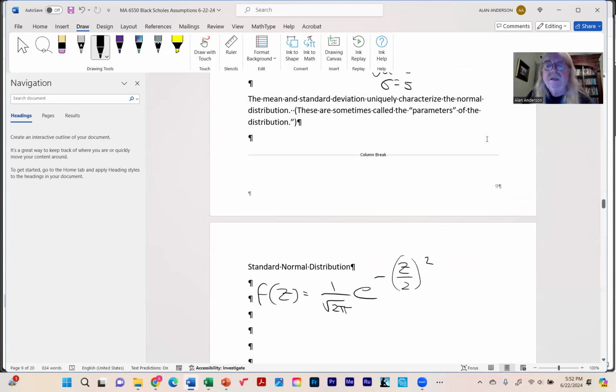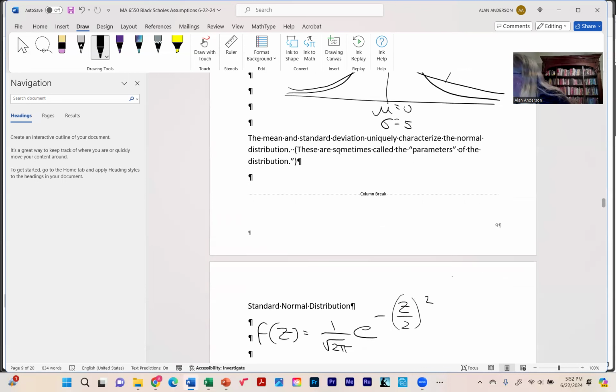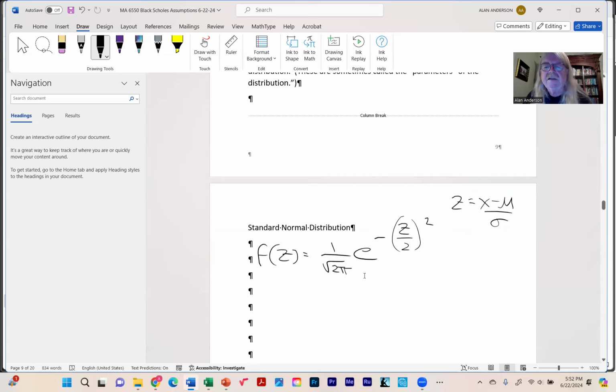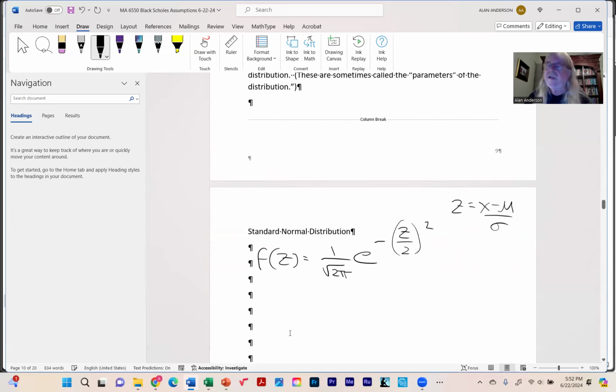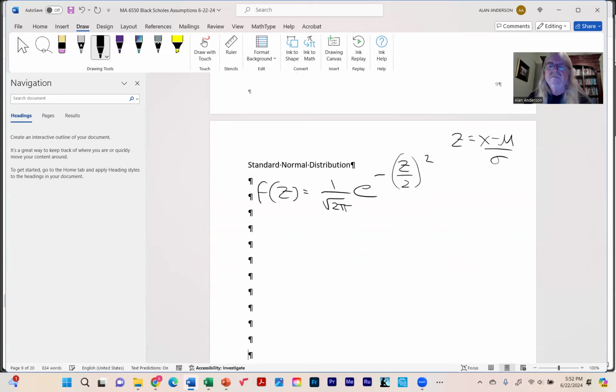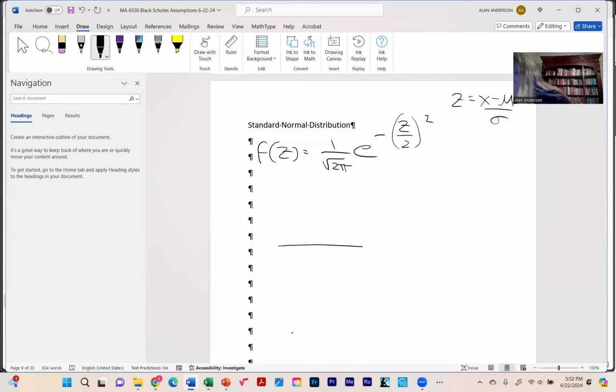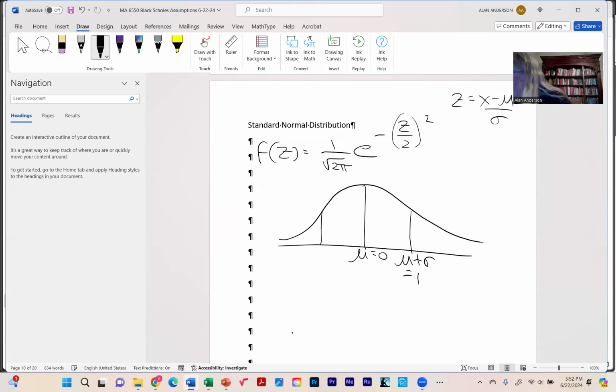Now, if you notice, it appears that we've lost mu and sigma. We haven't. Z itself could be thought of as this ratio. And then down here, the sigma is 1, so we don't need it. And it just means that when you draw it, the center is 0. And then that means that being one standard deviation above the mean is equal to 1.